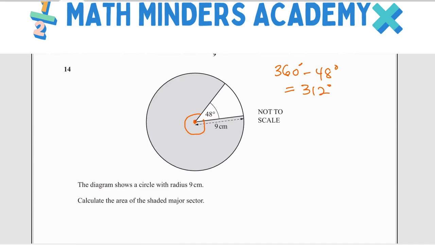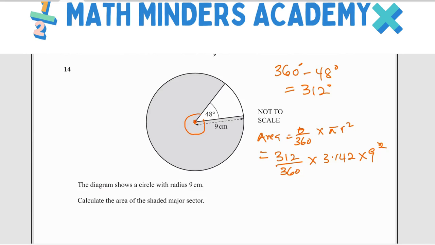So we need the area. The area here is theta over 360 times pi r squared, okay? That gives us 312 over 360 times 3.142, that is pi, times the radius 9 squared, okay?